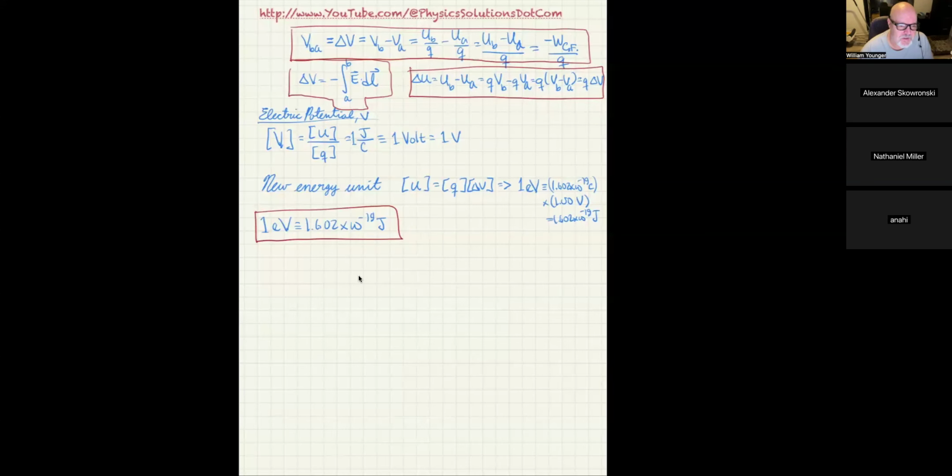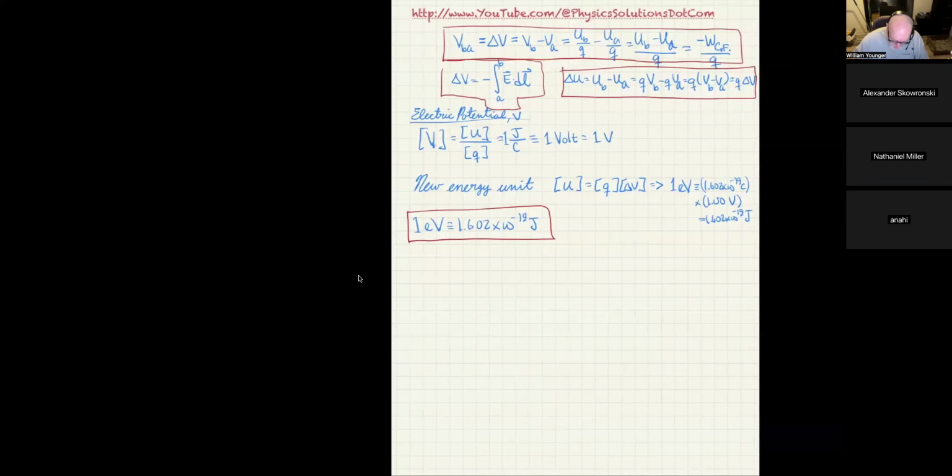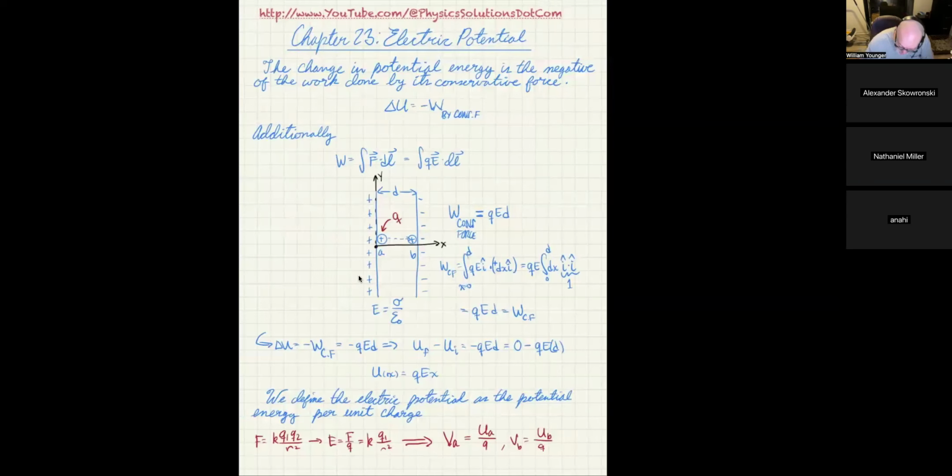Let's look at conceptual example 23.1. It says, suppose a negative charge, such as an electron, is placed near the negative plate in figure 23.1. In other words, that same figure I just drew for you on the previous page, we're now going to imagine a negative charge being put near the negative plate.